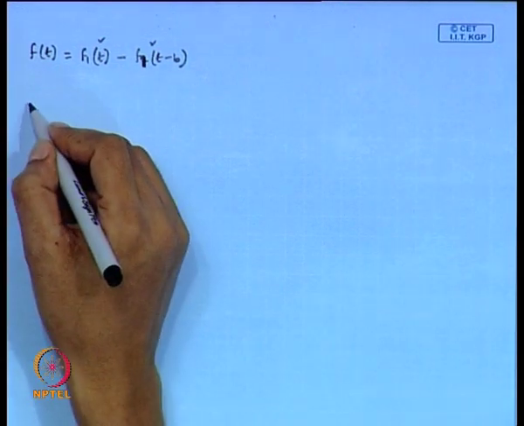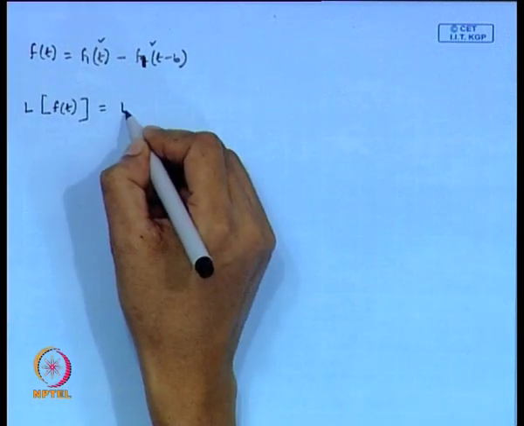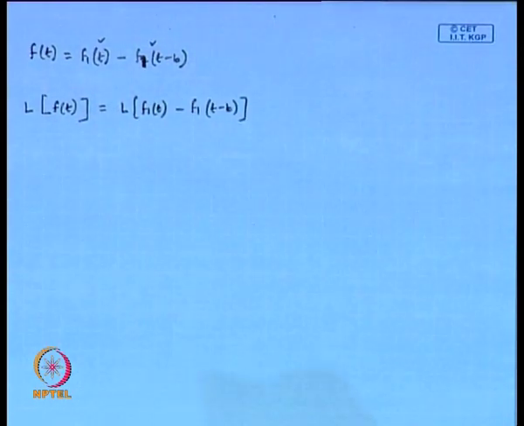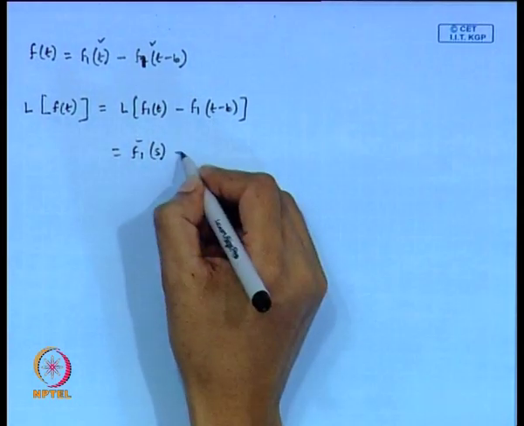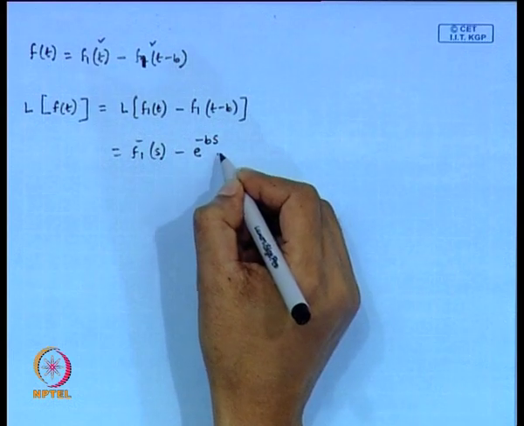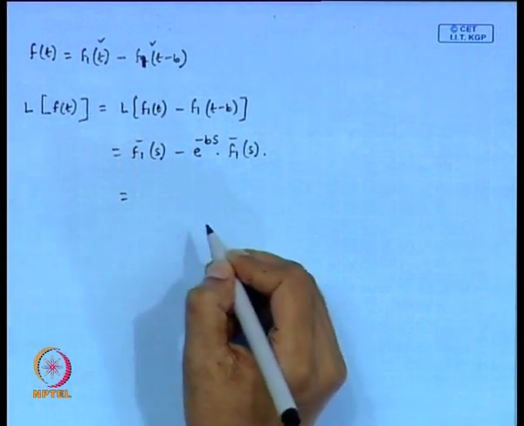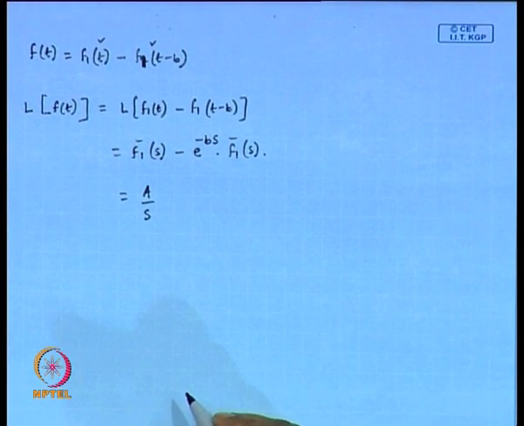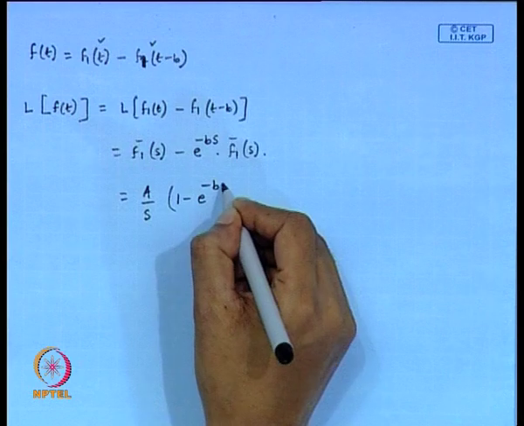Fine. Now, we will take the Laplace transform of f(t). So, the Laplace transform of f1(t) minus f1(t - b) is equal to f1 bar(s) minus e to the power minus bs times f1 bar(s). Now f1 bar is A by s, because that is the step function with magnitude A. So, A by s times (1 minus e to the power minus bs).